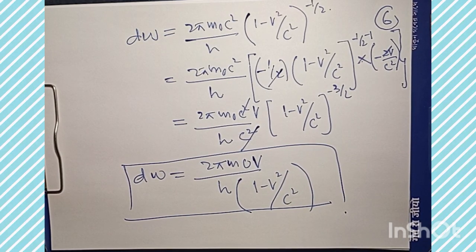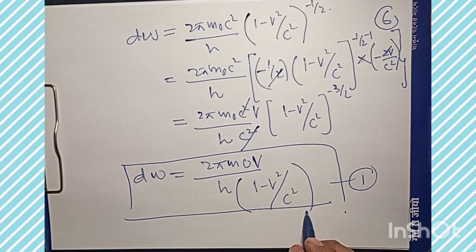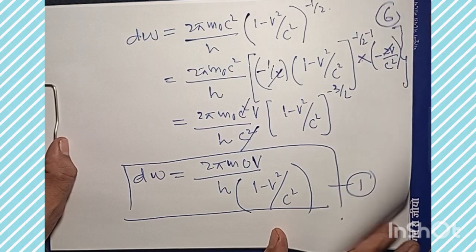Now if I start with lambda, I will call this equation 1 for the time being. My aim is basically to find the group velocity and correlate it, to find its relation with the particle velocity.